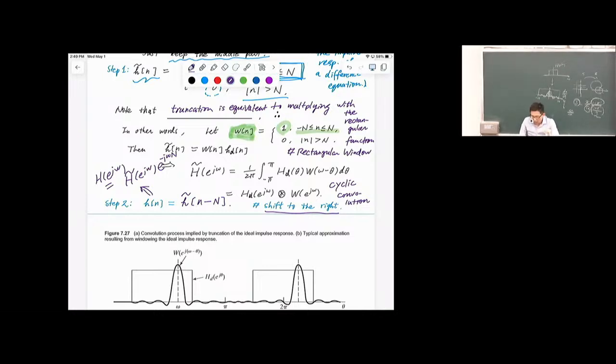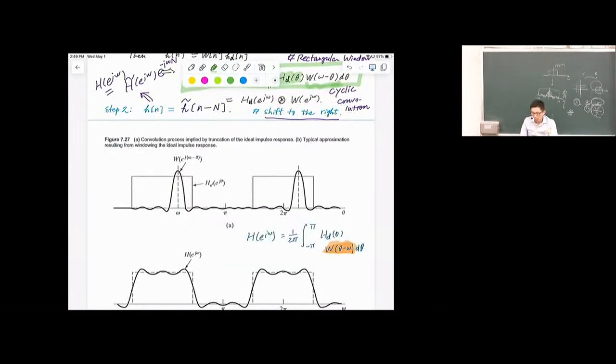Okay, so with that, next I want to introduce to you what's going to happen when we convolve the ideal filter response with the Fourier transform of the window. In the next slide, we are looking at two things. For the first curve right here, this is the frequency domain with a dummy variable theta.